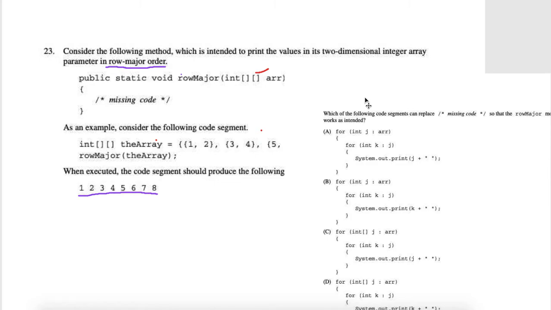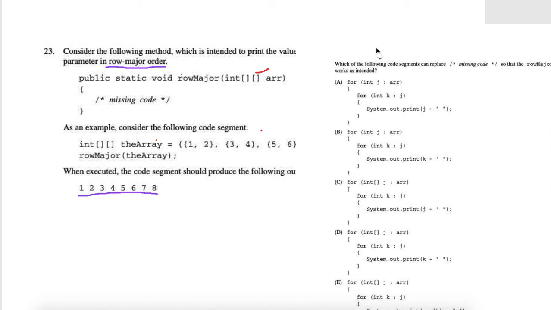A two-dimensional array is an array which contains other arrays. That's a really crucial thing to understand. So R is an array of int arrays. So we can't traverse ints because R does not contain ints, it contains int arrays. Similarly, it can't be B for exactly the same reason.